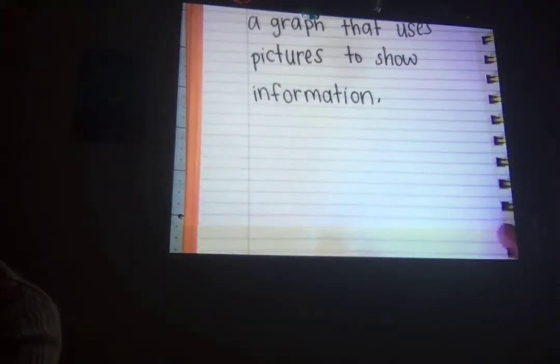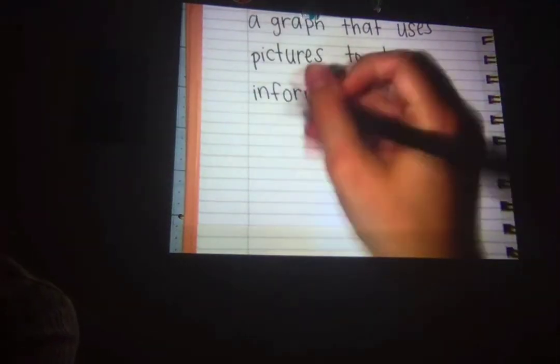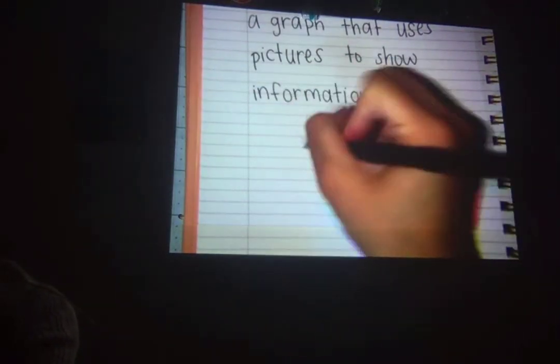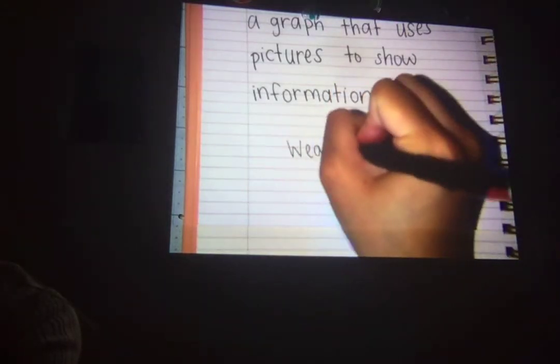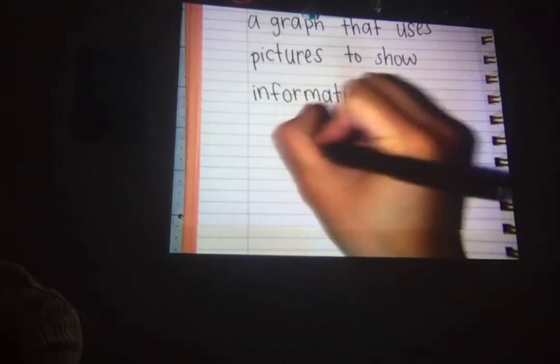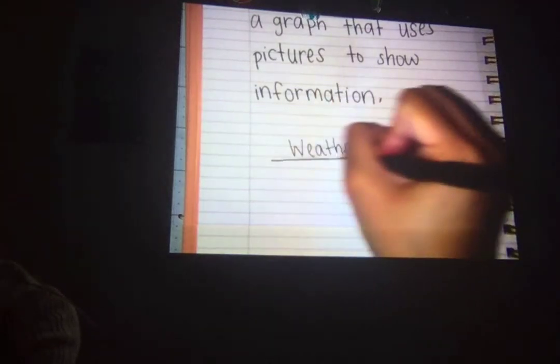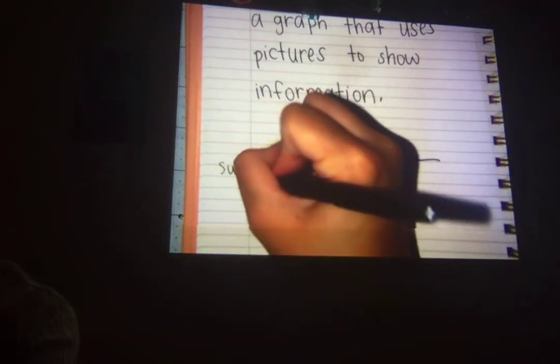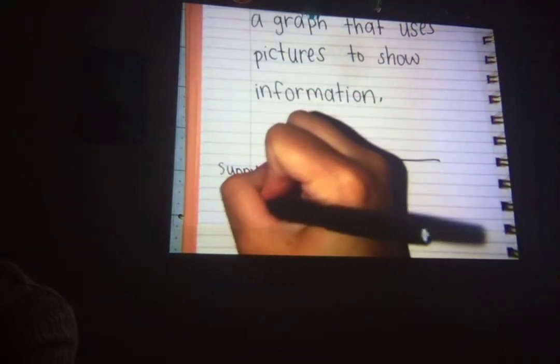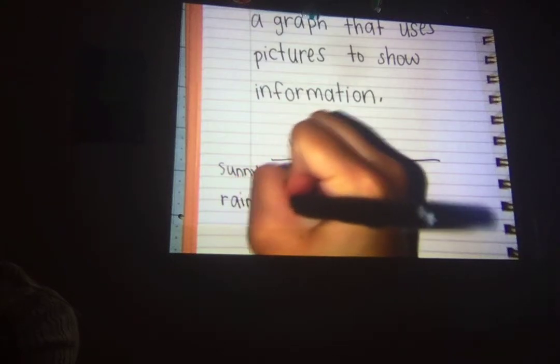Okay, so what we're going to go ahead and do is we are going to write weather at the top. That's going to be the name of our graph, weather. And on the side, we're going to write sunny, rainy, and windy.